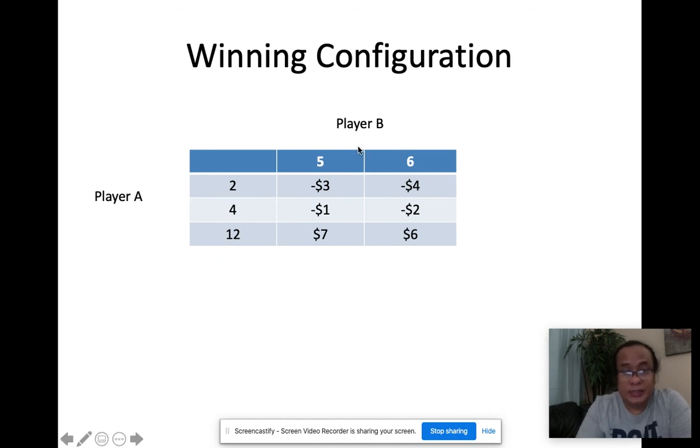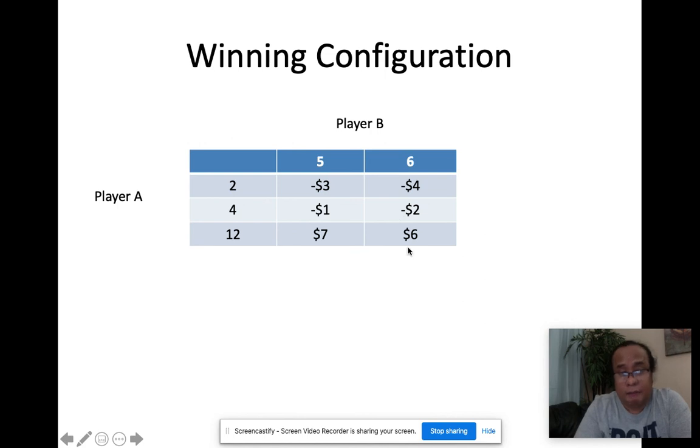So this number means that here player B wins, or player B wins, okay? And A has to pay B $3 because the difference between 5 and 2, right? But this one, the negative is based on A. So A loses here, A loses here too. So the player pays $1 to player B.